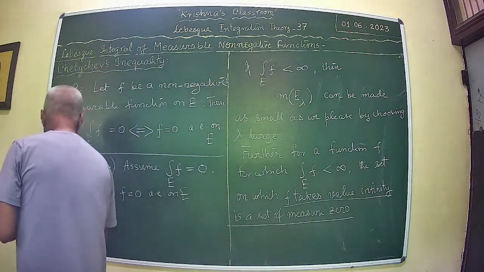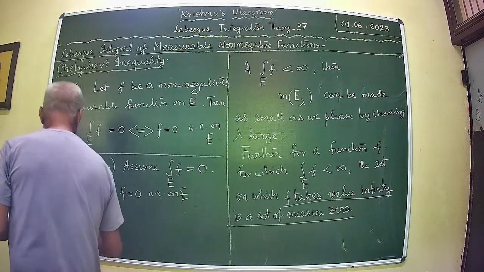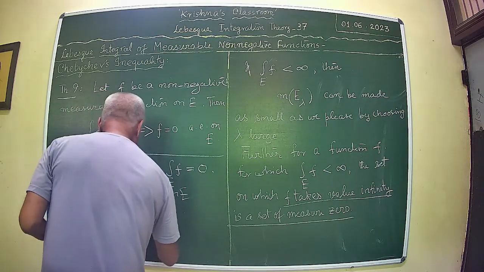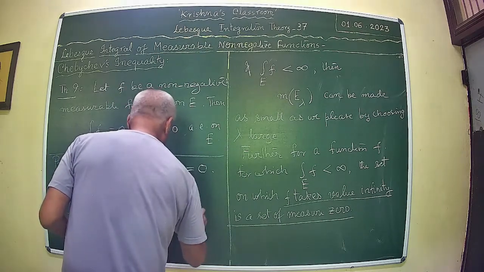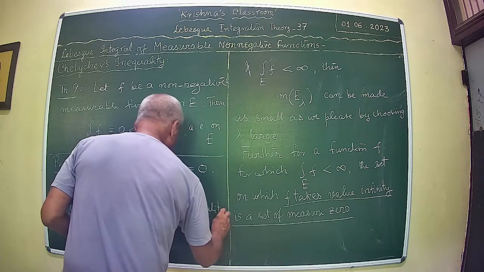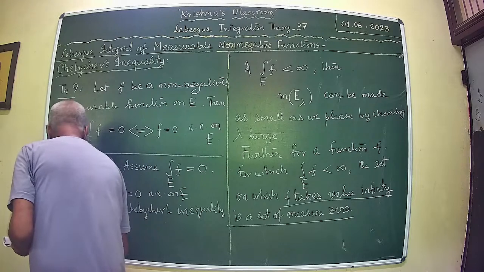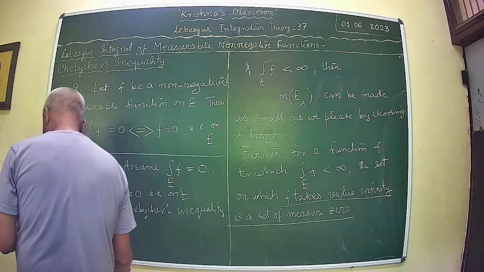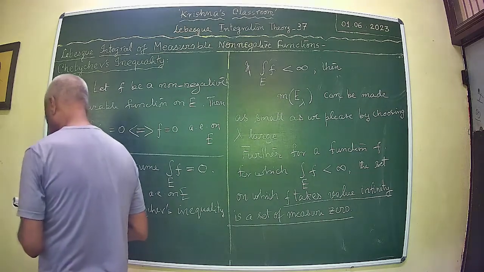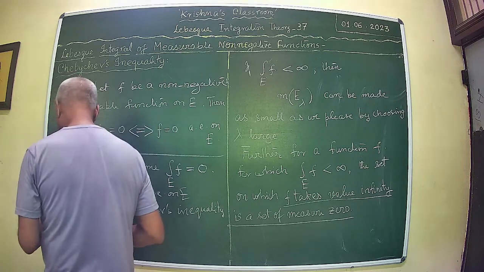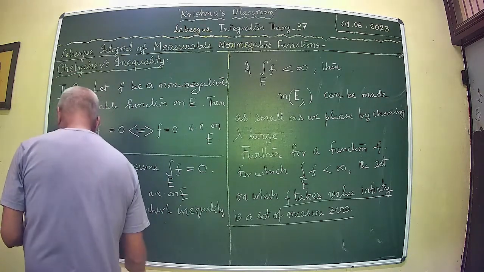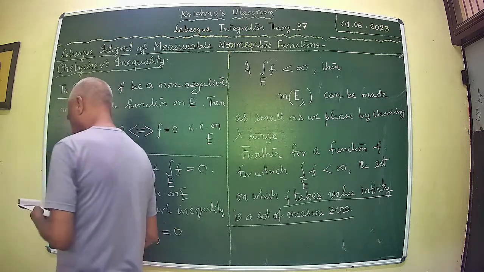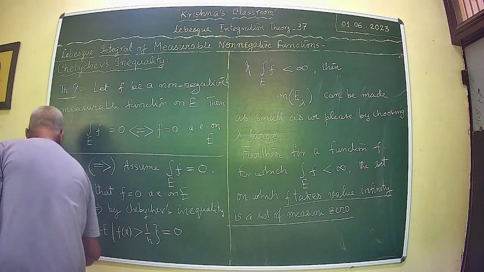So integral over E f equal to 0 implies, by Chebyshev's inequality, measure of the set is equal to 0 for every n.